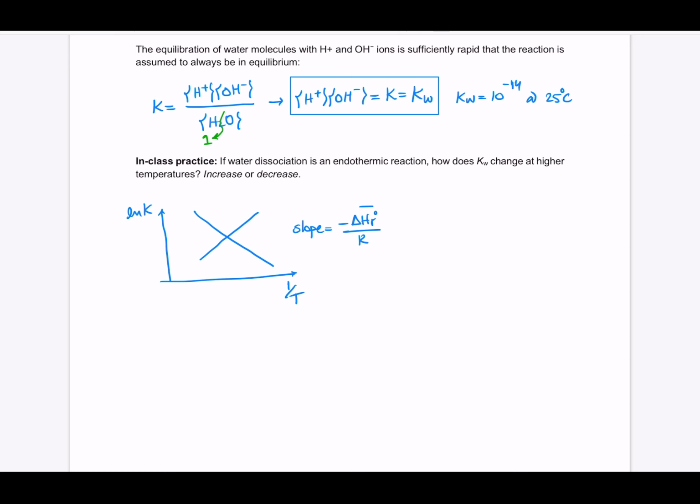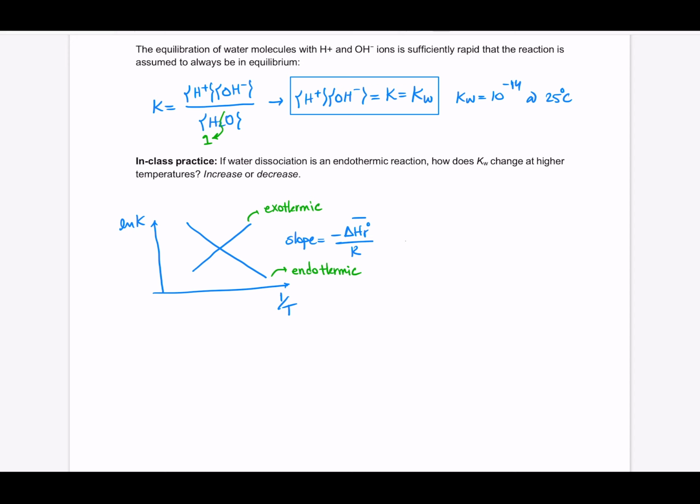Which one was endothermic? The one with the negative slope was endothermic, exactly. And this was exothermic. As mentioned, water dissociation is an endothermic process.